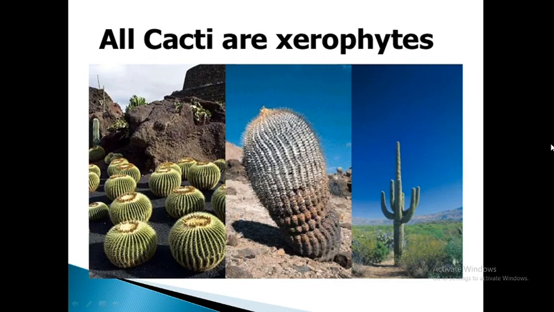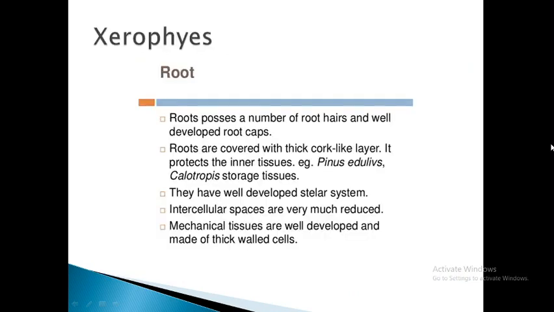Here are the cacti, which are xerophytes. Once again, we discuss xerophytes. The root possesses a number of root hairs and well-developed root caps. Roots are covered with a thick cork-like layer. It protects the inner tissues, for example, in Pinus.